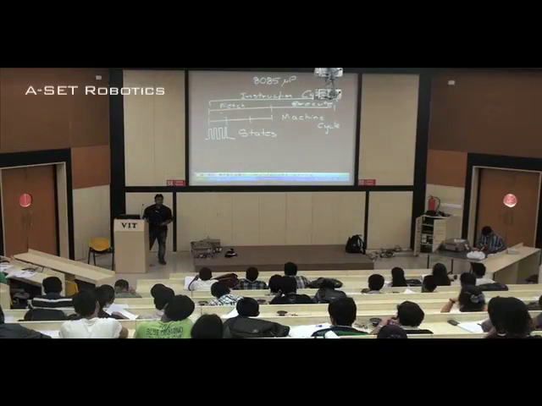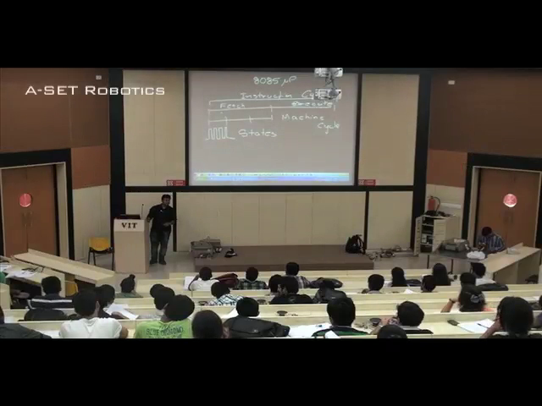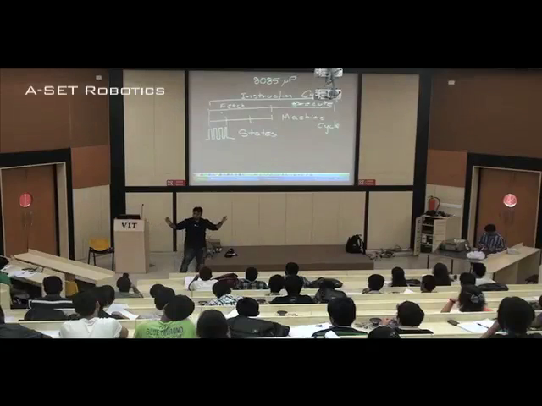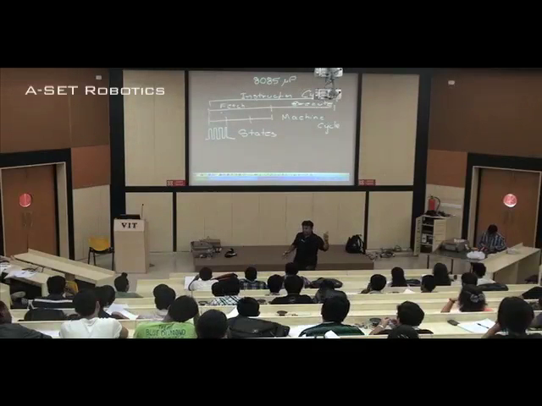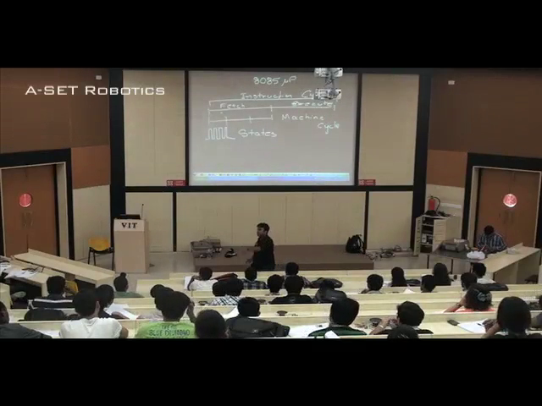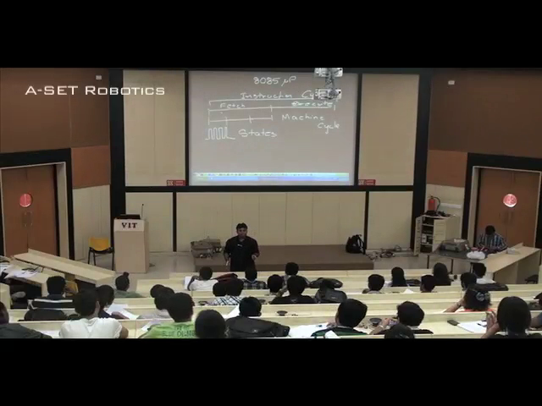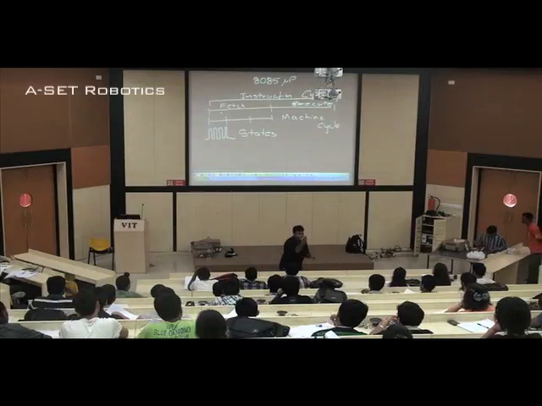When we tell a robot, hey Mr. Robot, you have to do this thing, that is called an instruction. An instruction has been given to the microprocessor. But how is it given? First, the instruction has to be fetched.